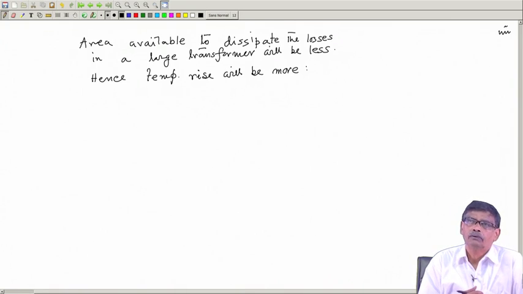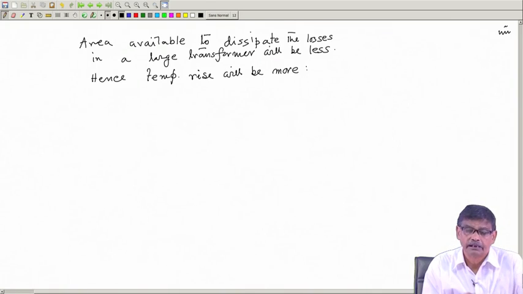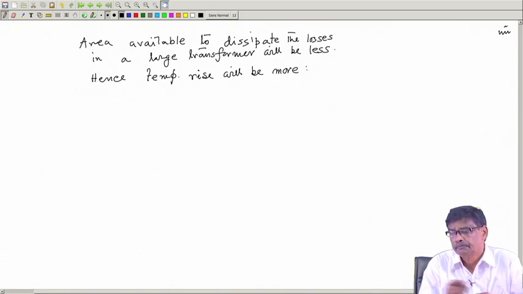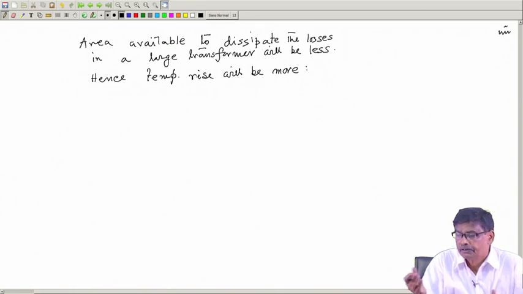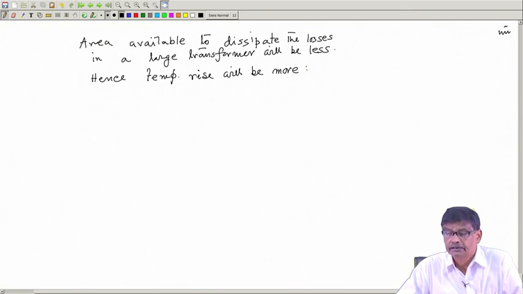So, if the allowable temperature rise is known to you, you will then say that if the transformer is of higher rating, I must adopt some other means.